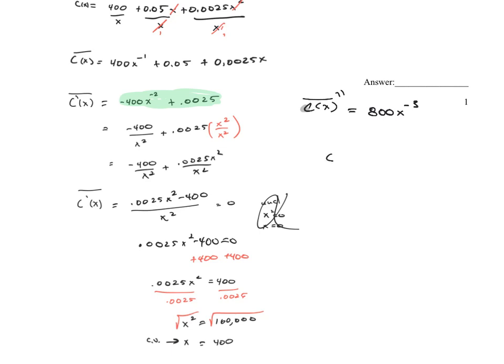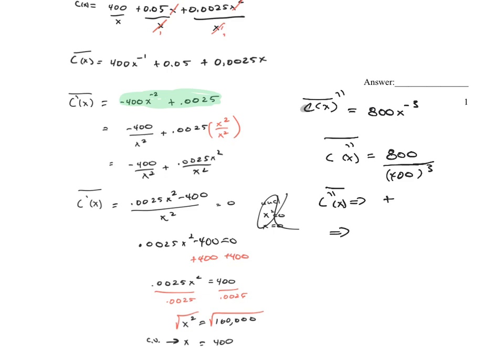So if I take the second derivative of the average cost function and plug in the number 400, this would be 800 over 400 cubed, moving it to the denominator to make the exponent positive, which is positive. So my second derivative of the average cost is positive.